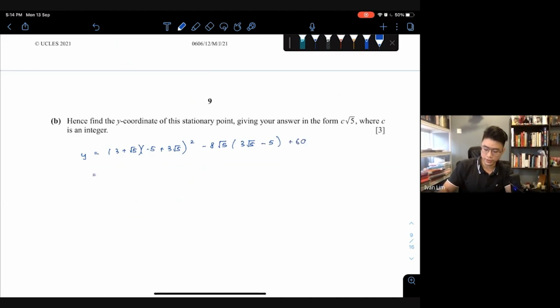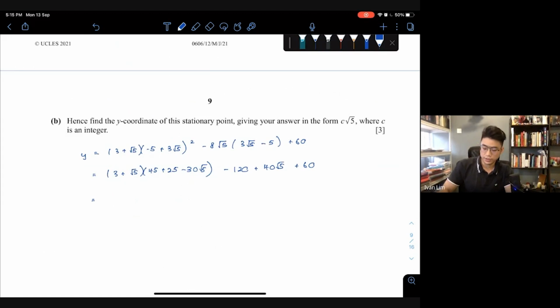We open up the square first. So 45 plus 25 minus 30 surd 5. Multiply this into the bracket. We will get minus 120 plus 40 surd 5 plus 60.